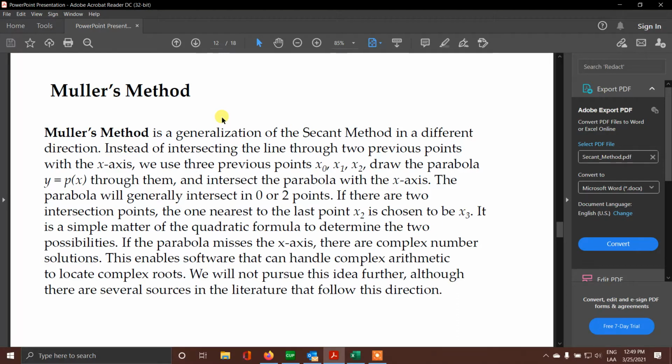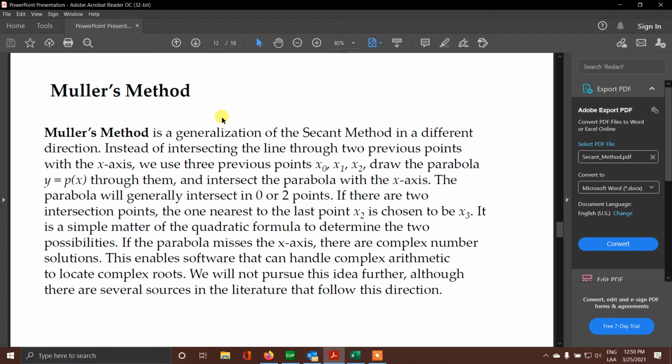The parabola generally will intersect the axis in, well, could be 0 or 2 points, right? So if there are 2 intersection points, we are going to select the one that is nearest to the last point, x2, and it's going to be named x3, right?